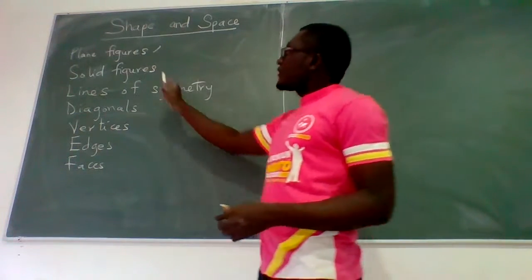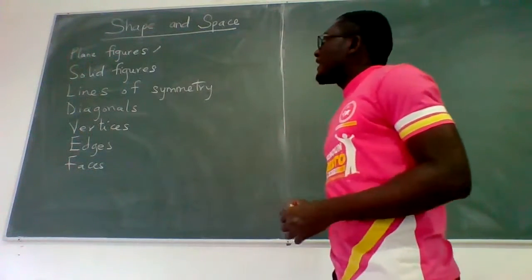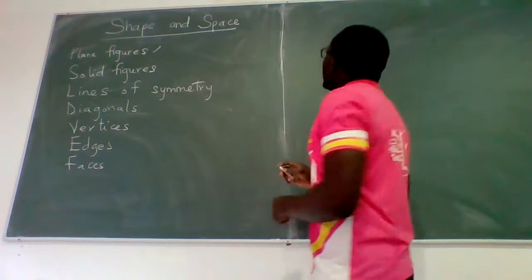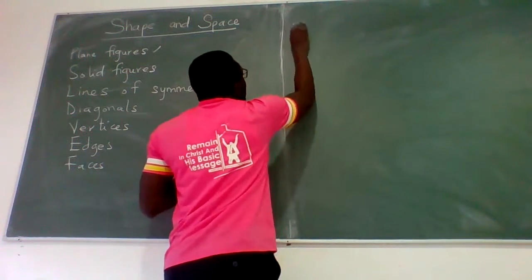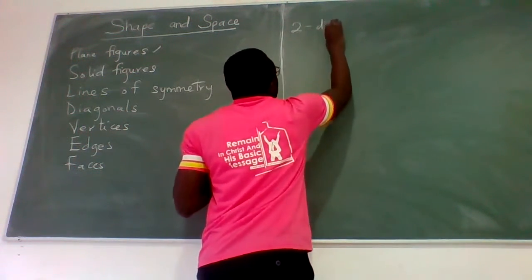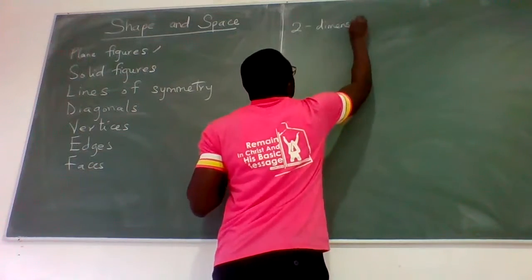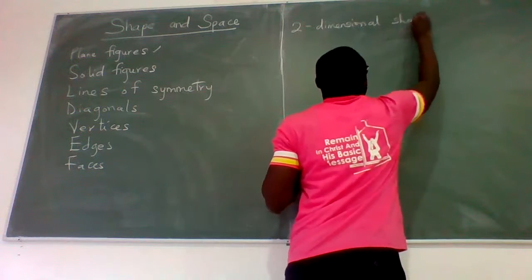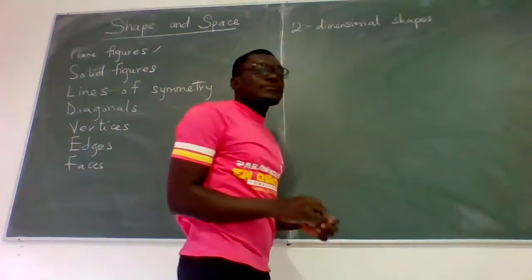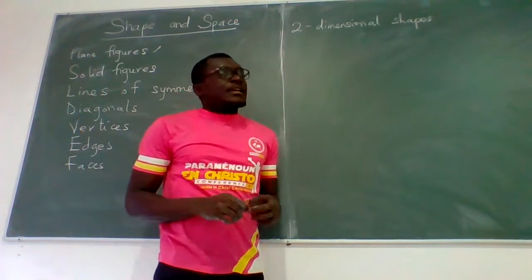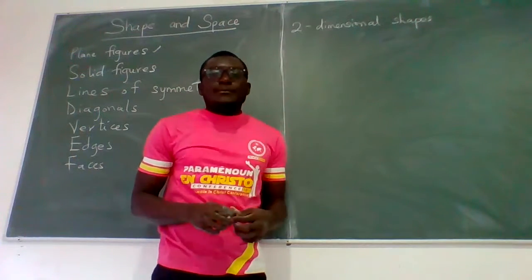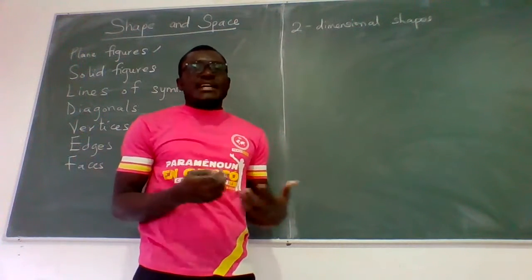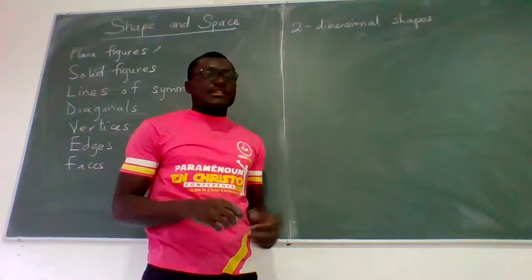So when we talk about plane figures, like I have already mentioned, plane figures are two-dimensional shapes. And generally, we call them by name based on the number of sides that come together to form that shape.